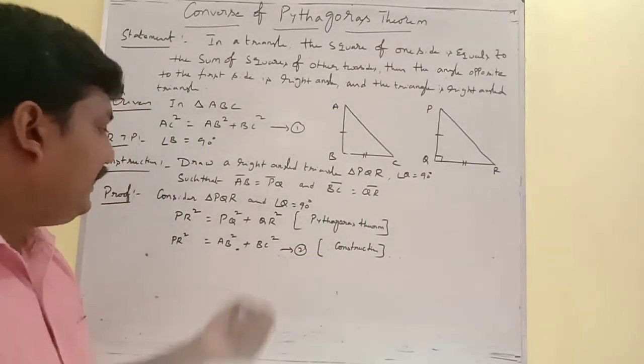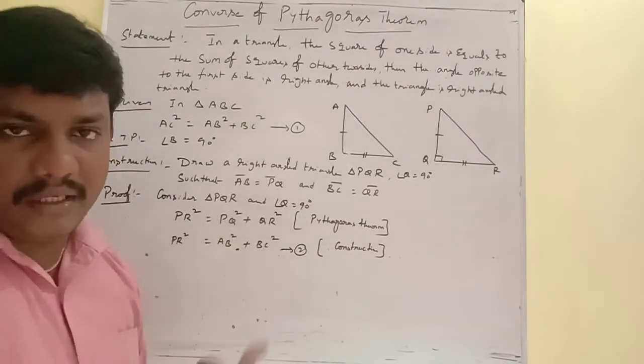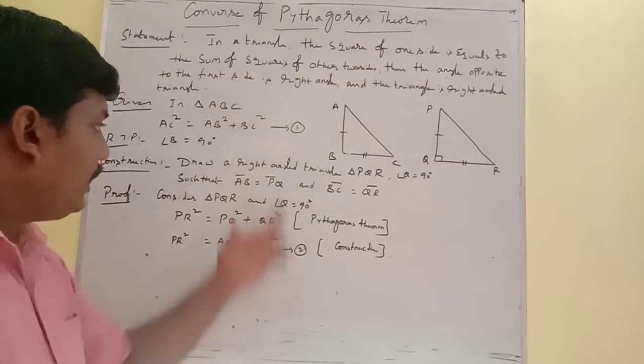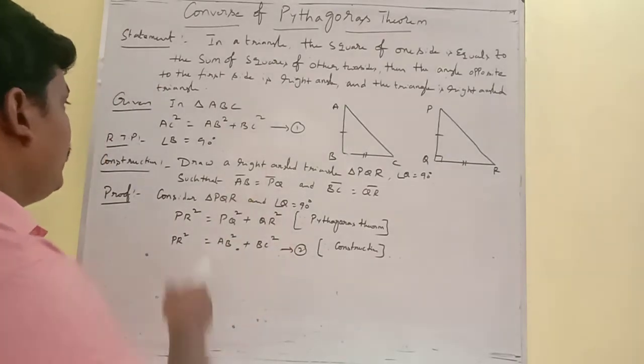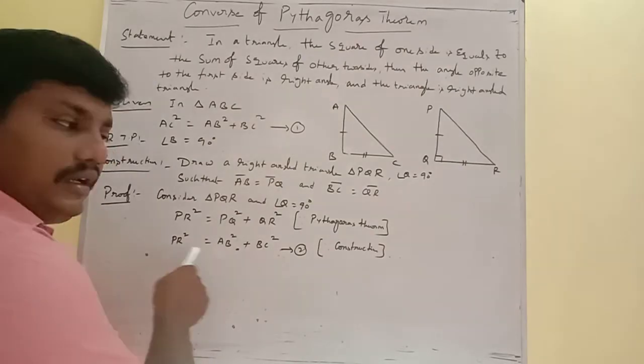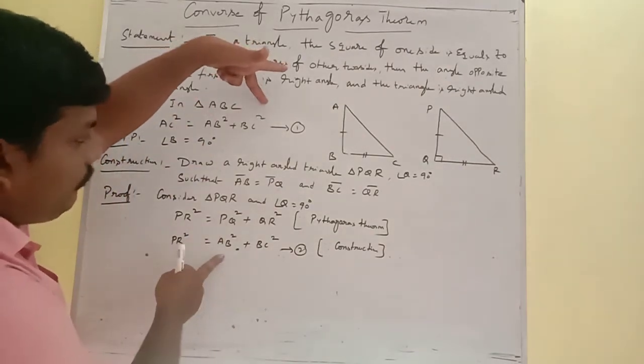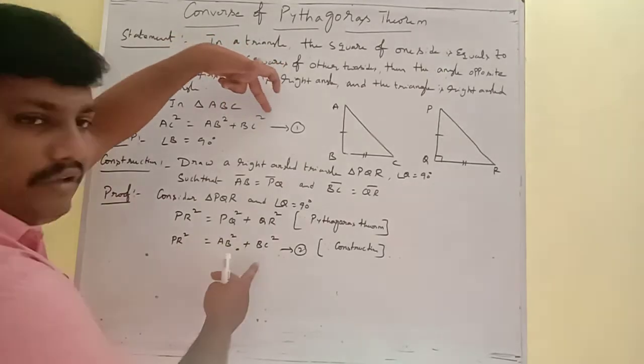From conditions 1 and 2, AC square is equal to AB square plus BC square and PR square is equal to AB square plus BC square. When you compare both equations, both RHS parts are equal.